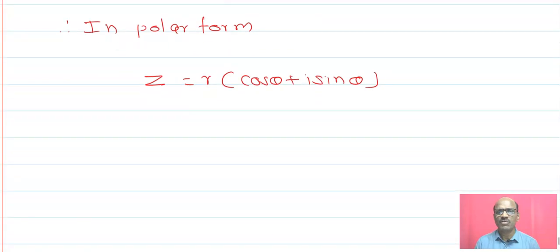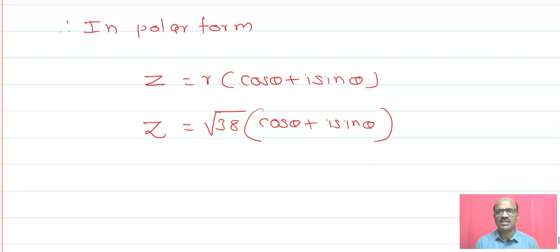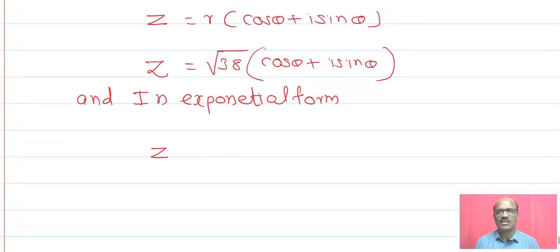Now in the polar form, z is equals to r in bracket cos theta plus i times sin theta. The value of r is root of 38, so z is root of 38 in bracket cos of theta plus i times sin theta. And in exponential form, z is equals to r into e raised to i theta.